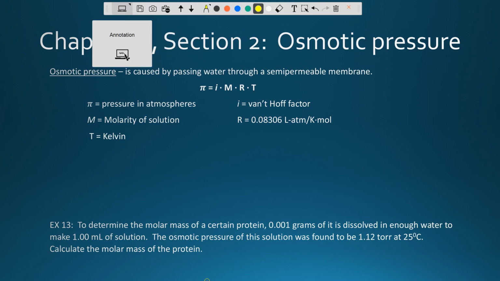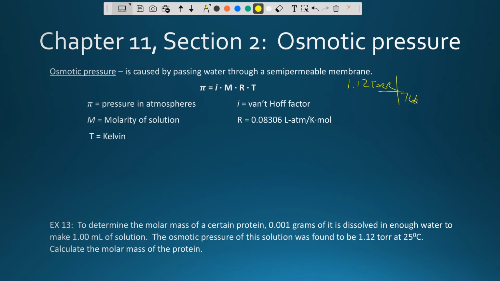So here's my conversion from torr to atmospheres. 1.12 torr, and my conversion from torr to atmospheres is 760 torr to 1 atmosphere. Okay, that ends up being 0.00147 atmospheres.